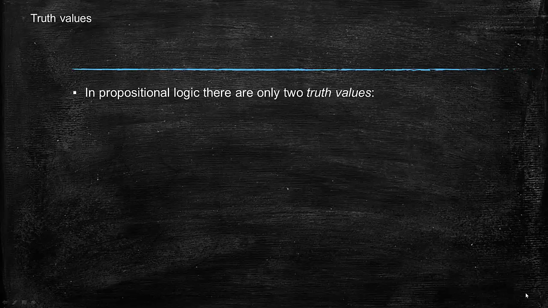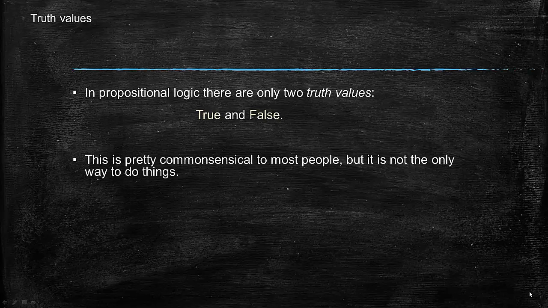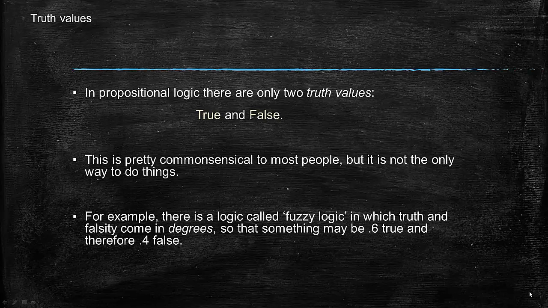So first of all, it's important to understand from the beginning something that you might be assuming, that there's only two truth values. We call them truth values. The two truth values are true and false. This is pretty commonsensical to most people, but it doesn't have to be that way. There are logics that have multiple truth values.